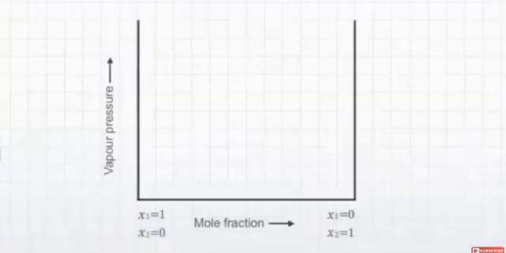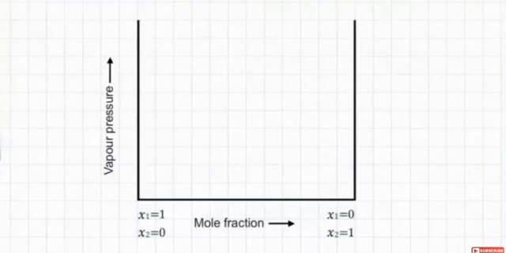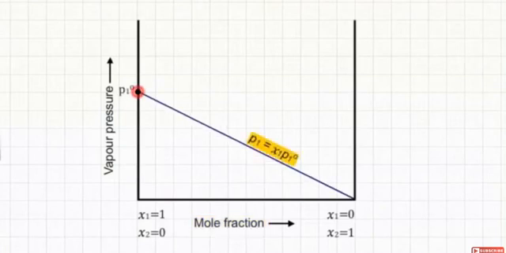If a graph is plotted for the partial vapor pressure of the first component against the mole fraction, corresponding to the equation P1 is equal to X1 P1 naught, then a plot as shown here is obtained.